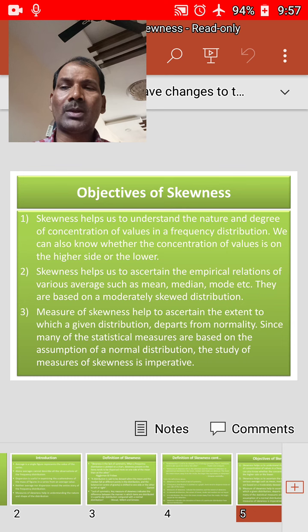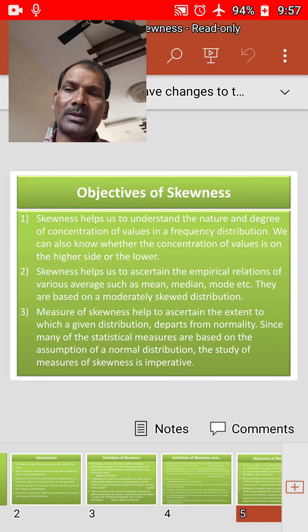Skewness helps us to ascertain the empirical relations of various averages such as mean, median, and mode. What is an empirical relation? We must know here. In some cases, mode is ill defined.